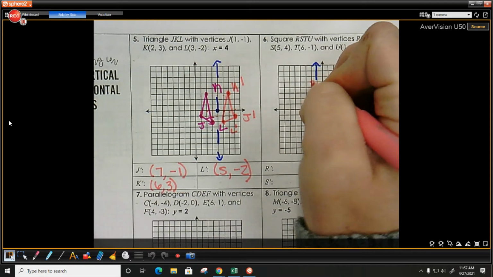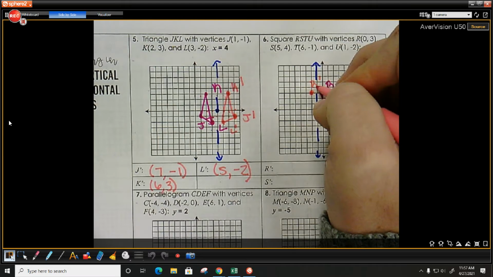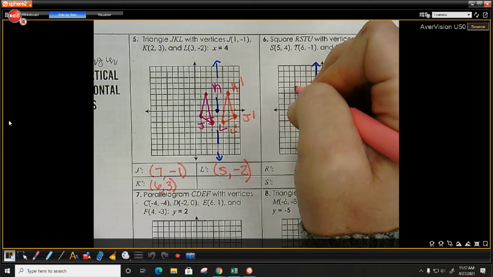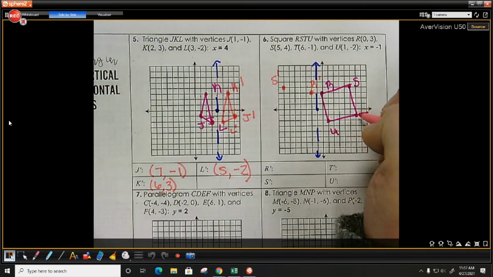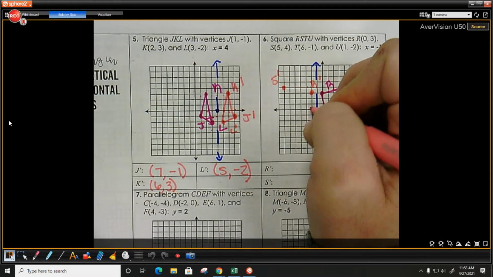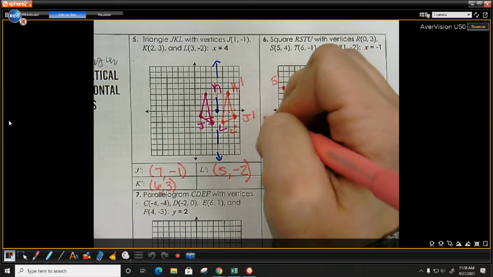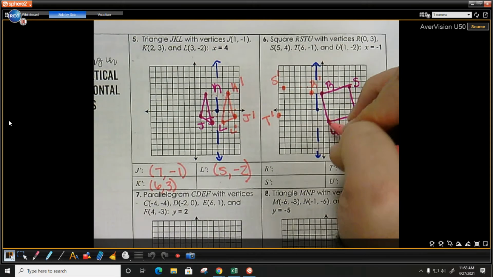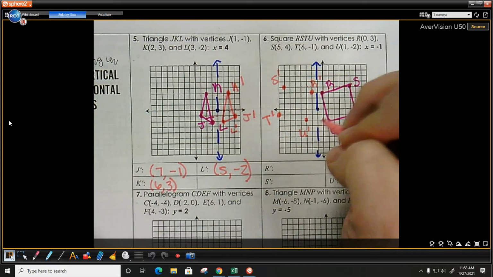What about S? It's 6 away. T is 7 away. Notice how I'm not changing the y values, just the x values.